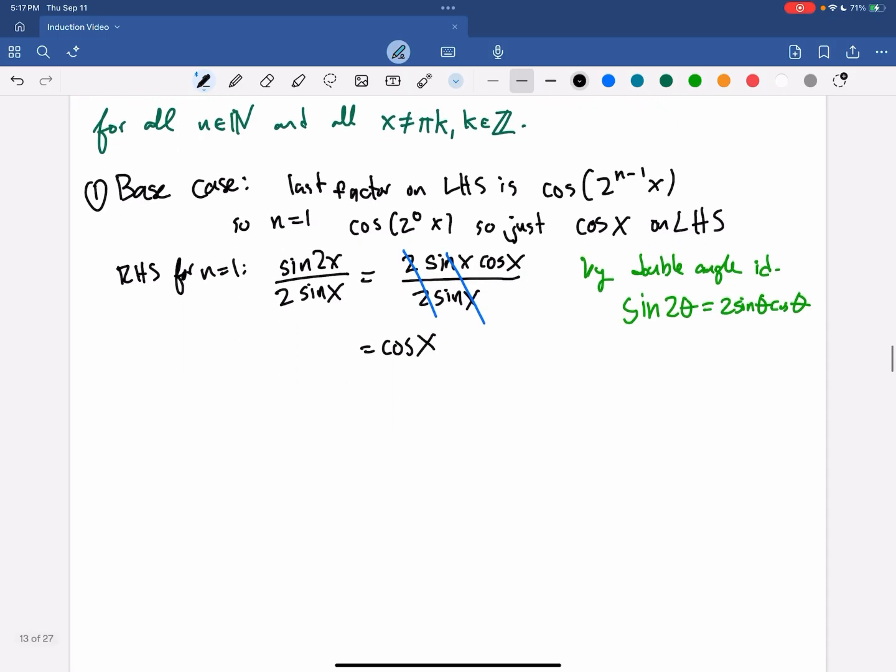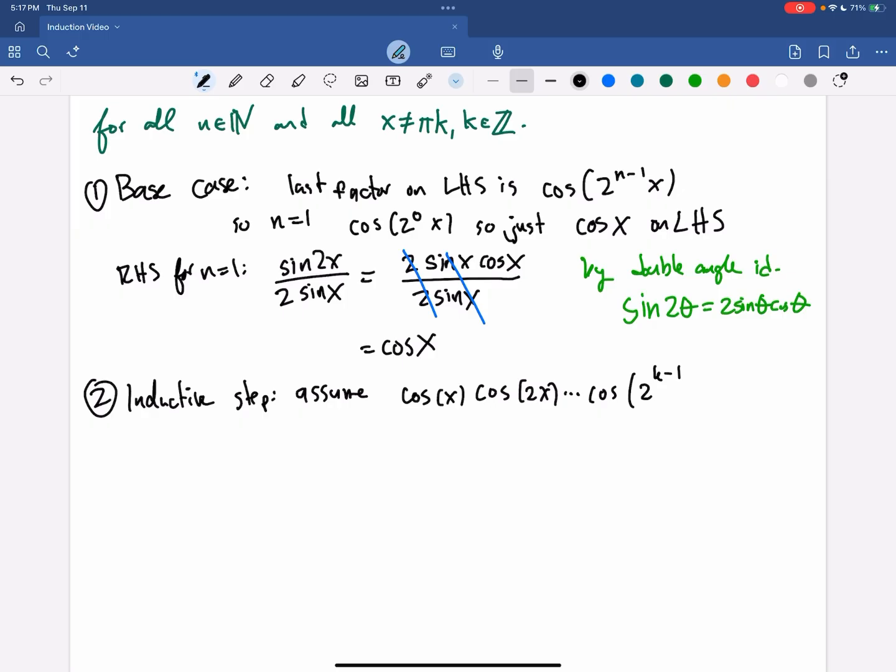Okay, so now let's do our inductive step. Let's assume that our product works for n equal to k. So cos x times cos 2x all the way up to cos 2 to the k minus 1 x is equal to what the formula says.